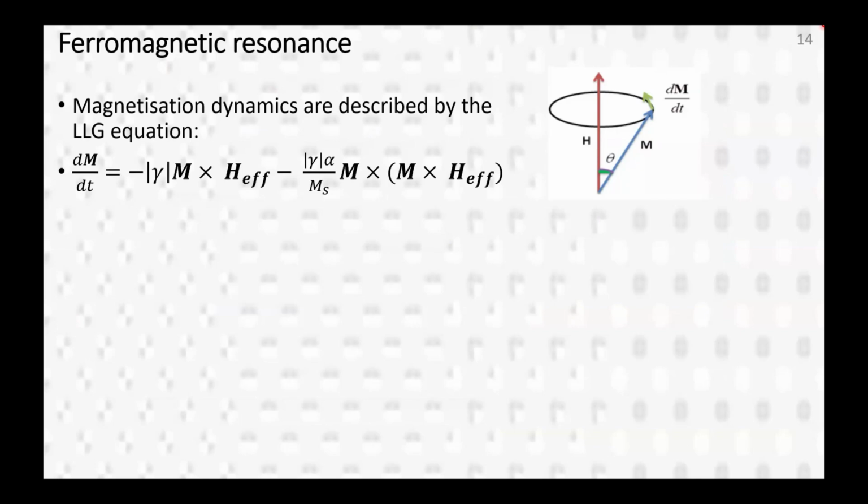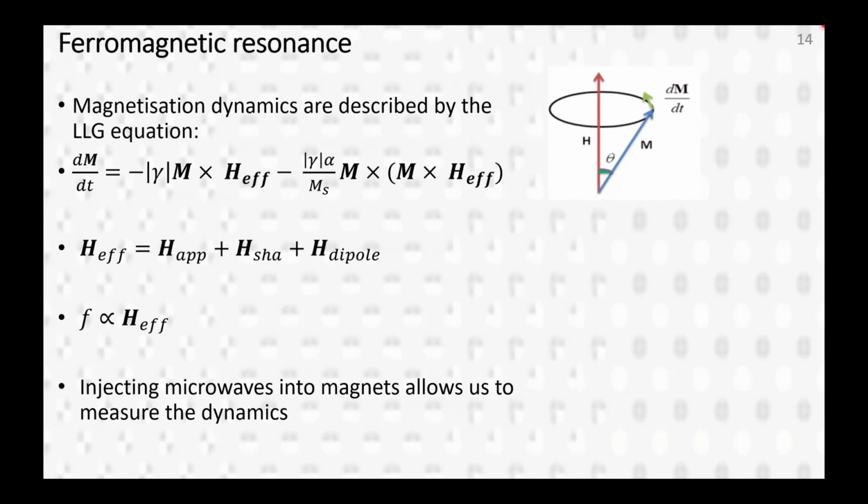This basically describes the precessional motion of a magnetization vector around some effective field. This effective field is a function of the externally applied field, in our case the shape anisotropy of the islands, and the dipole field from neighboring islands. And the frequency of the precession is proportional to this effective field.